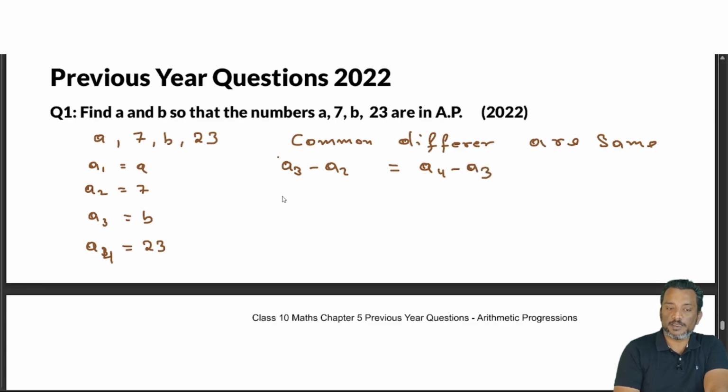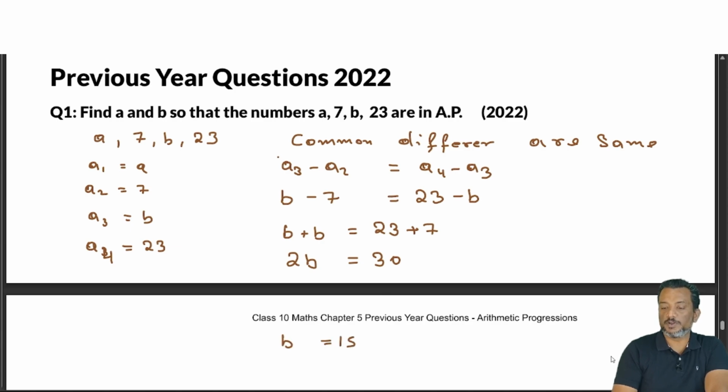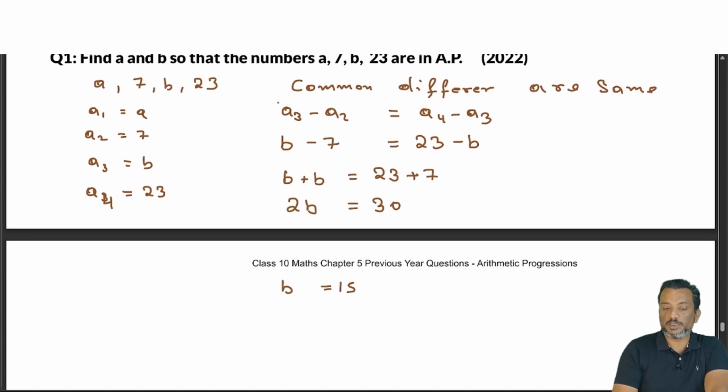A3 is given B and A2 is given 7, and A4 is given 23, and A3 is given B. So you can bring all the B to one place. So B plus B is equal to 23 plus 7. So 2B is equal to 30. So B is equal to 15. So you have got the B value.